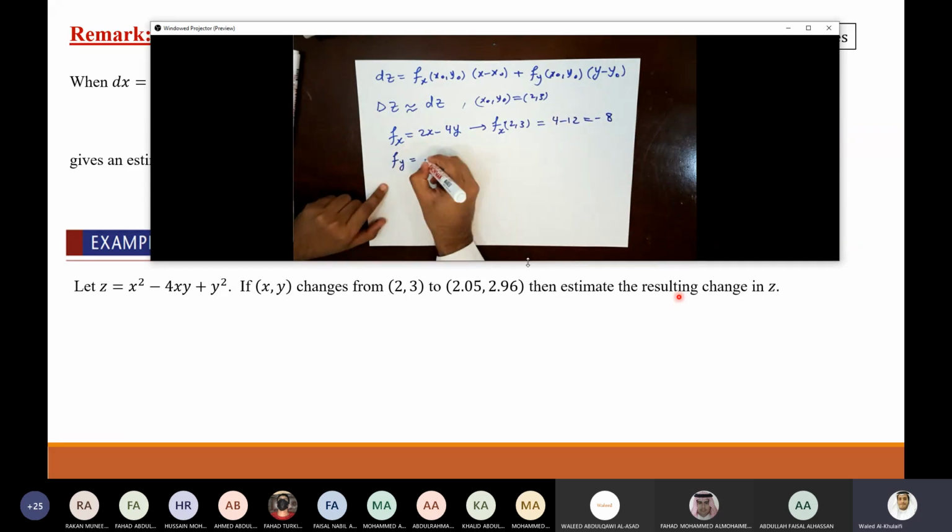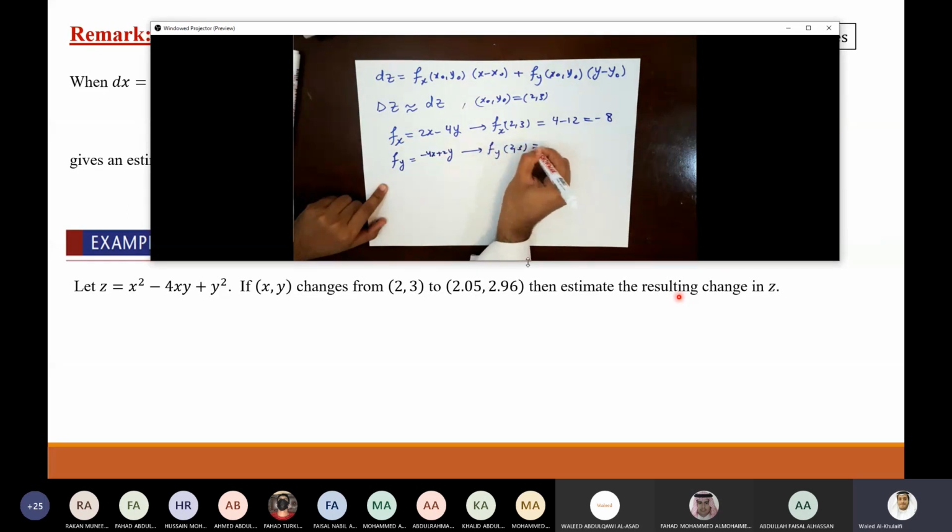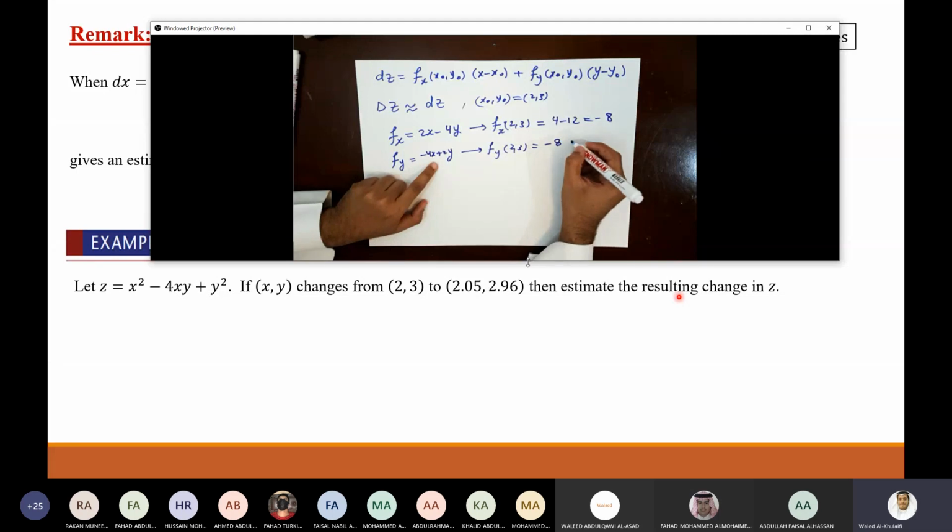Derivative of f with respect to y is minus 4x plus 2y, so at 2, 3 it equals minus 8 plus 6, which is negative 2.